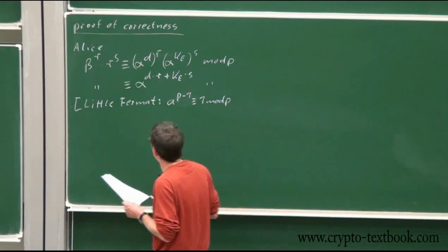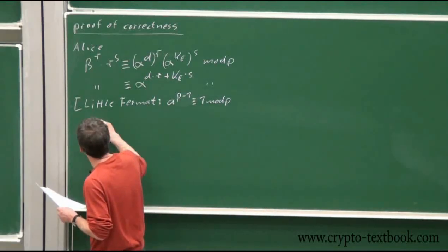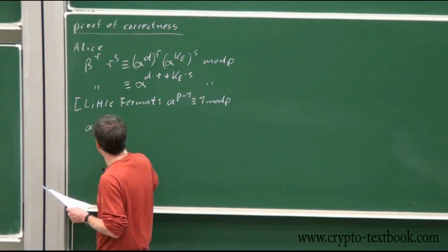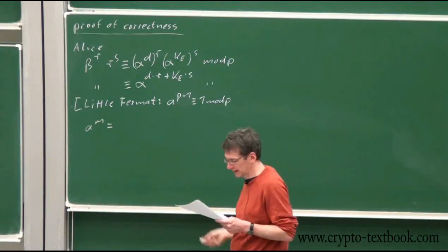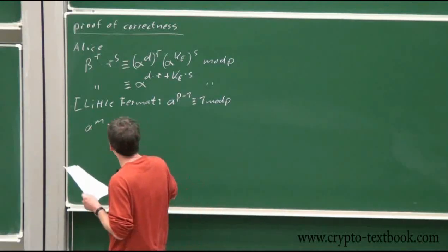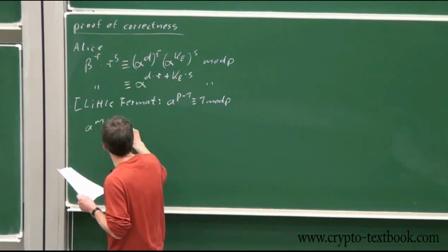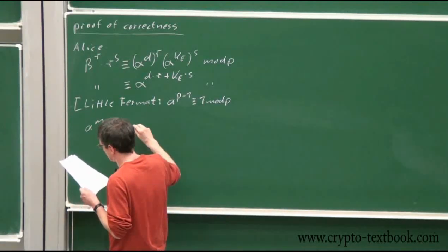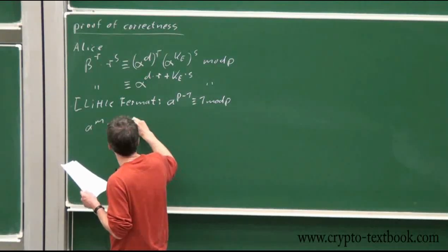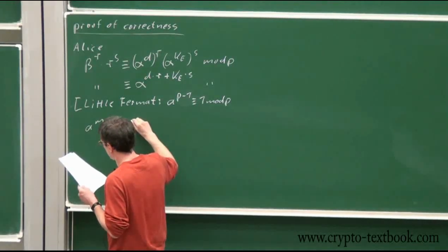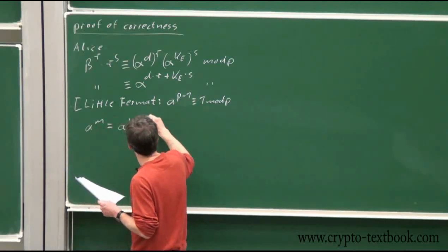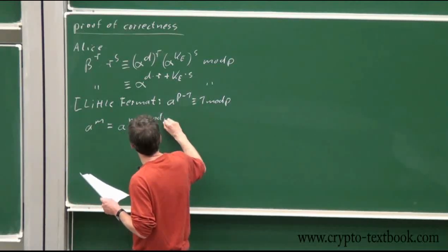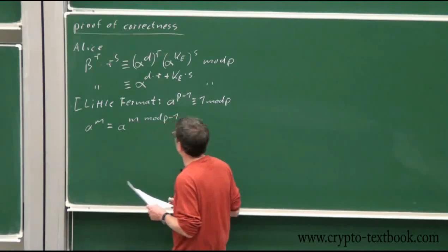But from this it follows, if you have an arbitrary exponent m, not p minus 1 but m is any integer, we can write this as m mod p minus 1.